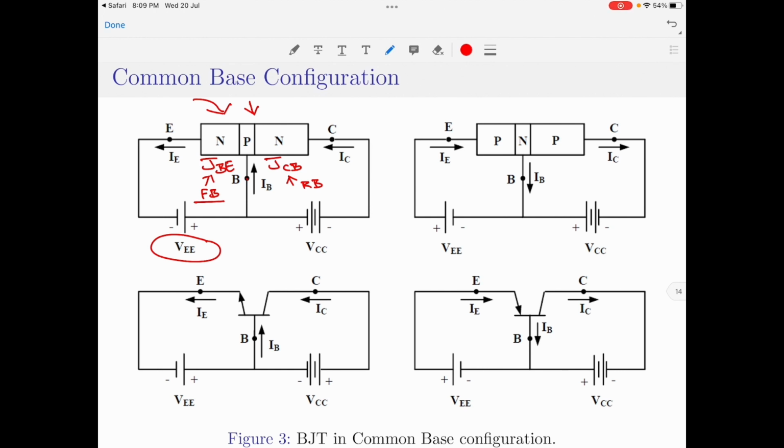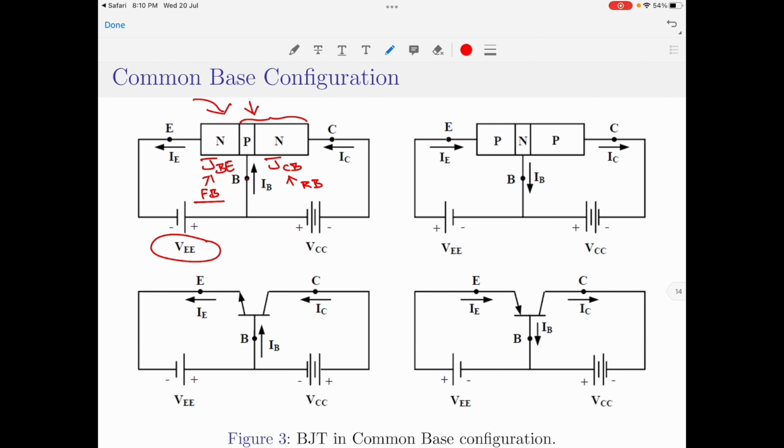Let us now talk about the other junction, which is between the collector and base. Since I want to operate the BJT in the active region, the collector to base junction should now be reverse biased. If you look at the right two semiconductor regions, we have P and N. If I want to reverse bias, what should I do? I should connect the positive terminal of the supply to the N semiconductor region and the negative terminal of the supply to the P type semiconductor region.